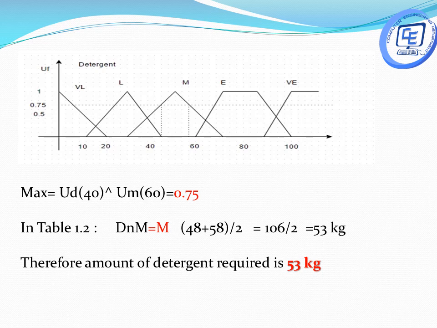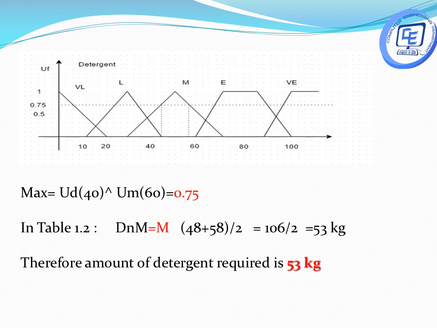Drawing these two lines, we get two values on the x-axis, for example 48 and 58. As the parameter of the detergent is M, that is a medium amount of detergent will be required, but what is the value for medium, we check from the diagram. We have two values, 48 and 58.